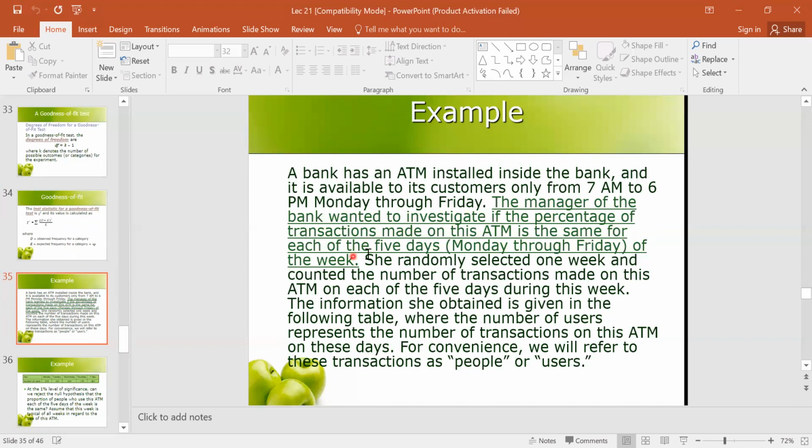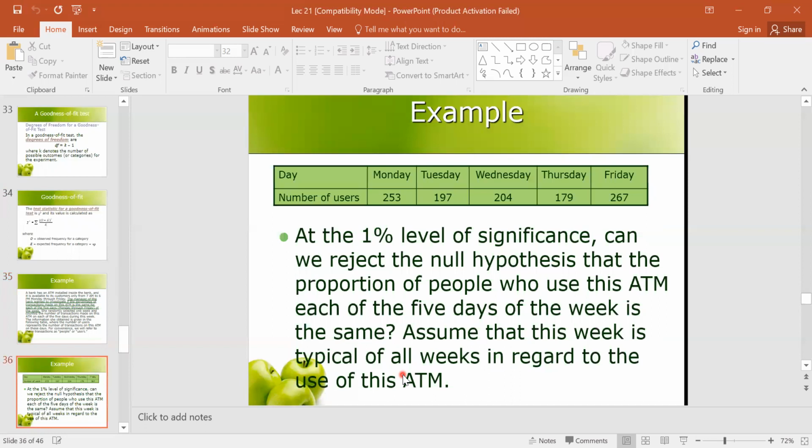The manager of the bank wants to investigate if the percentage of transactions made on this ATM is the same on each of the 5 days, Monday to Friday of the week. So we need to test whether these 5 days are equally distributed, or the ATM machine is used equally by different customers. So here we apply the test of goodness of fit.